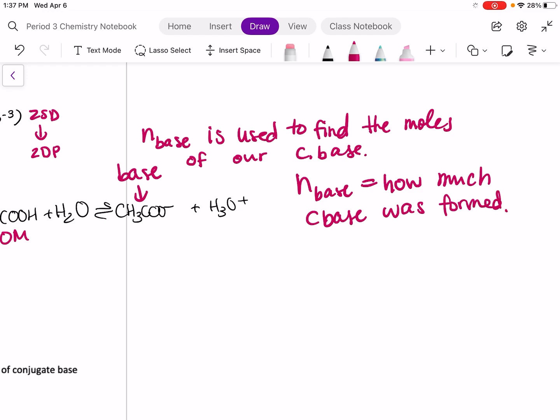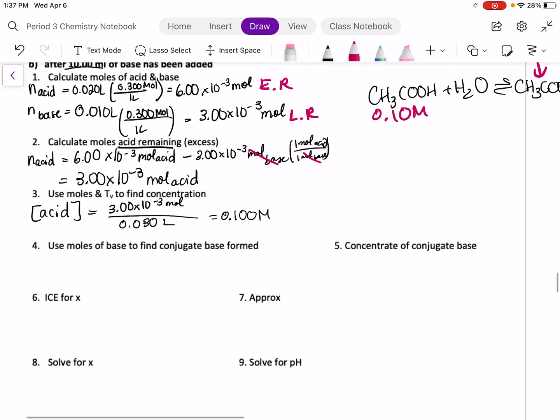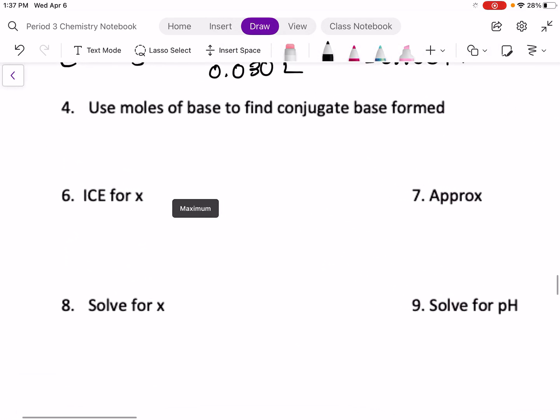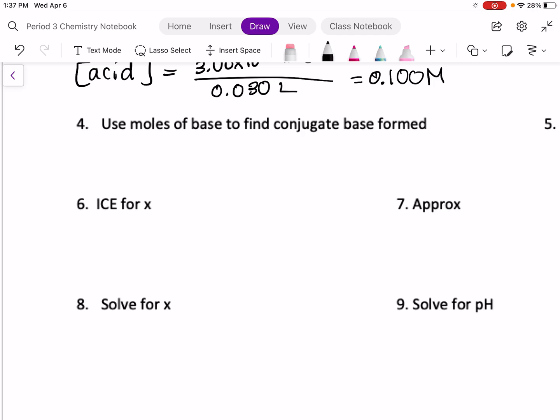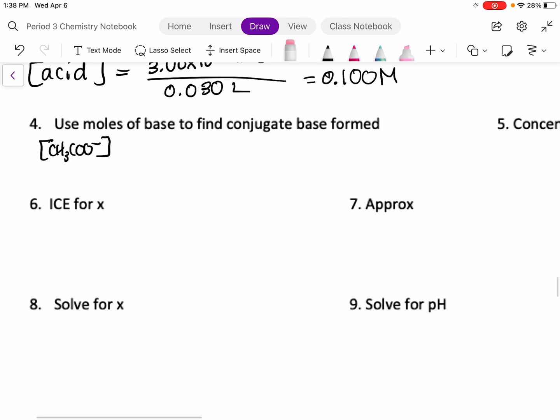So now we know that the moles of our base is equal to 3.00 times 10 to the negative 3.